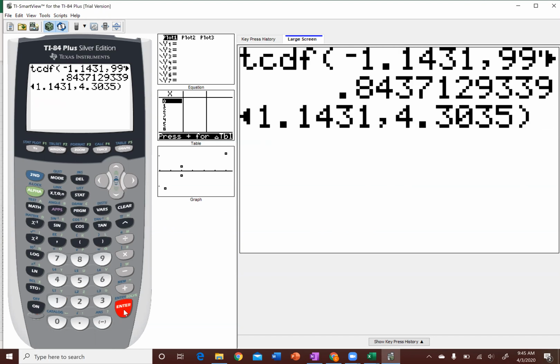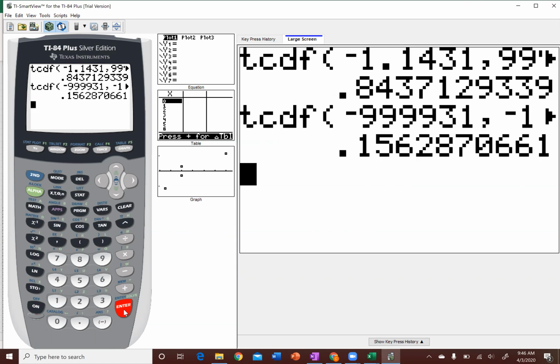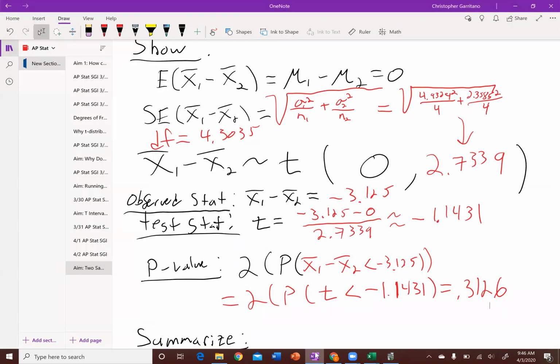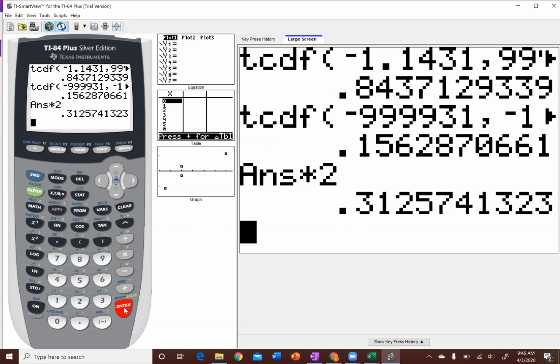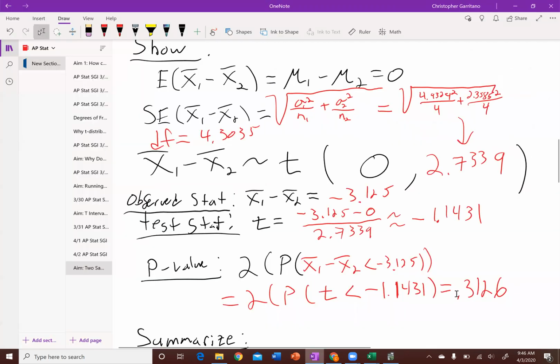And now this looks like something more to what we should have expected. However, this is not exactly the number we have on our screen. What's going on? Well, I still haven't multiplied by 2. I have to multiply by 2 because this is a two-tailed test. So I'll do the answer times 2, enter, and 0.3126 matches up pretty well with what we have here. Okay.